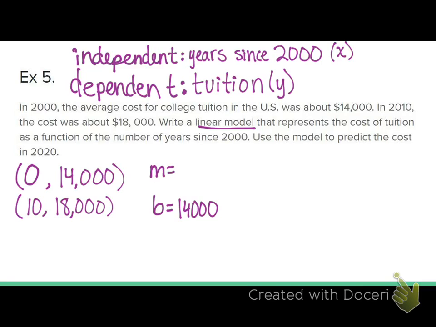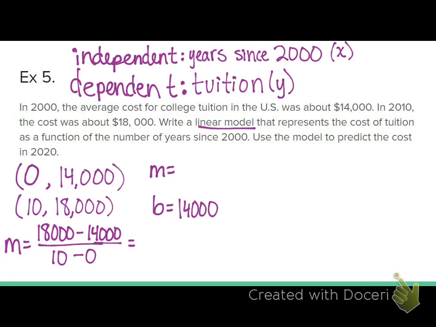To find my M, I need to use my slope formula. What's going in the top of it? 18,000 minus 14,000 over 10 minus 0.